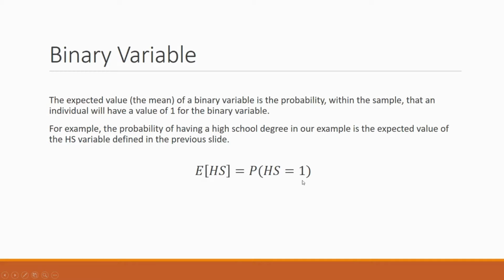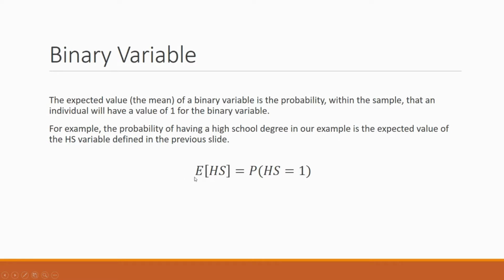Another way of putting that would be that the expected value of the high school degree variable gives us the probability that any individual in our sample has a high school degree, which means that the high school degree variable equals 1.